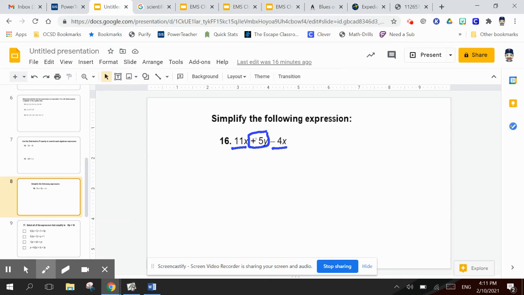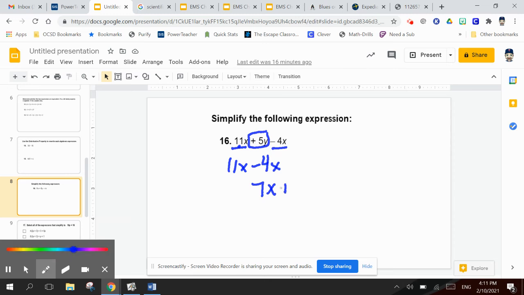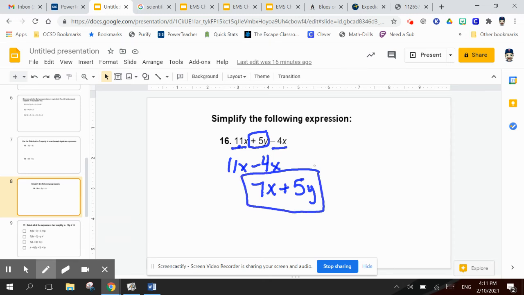So to combine or simplify, I take 11x minus 4x. 11 minus 4 is 7x, plus I have those 5 y's. And that's my new expression in simplest form.